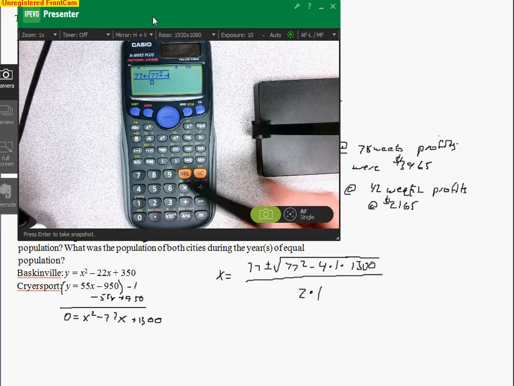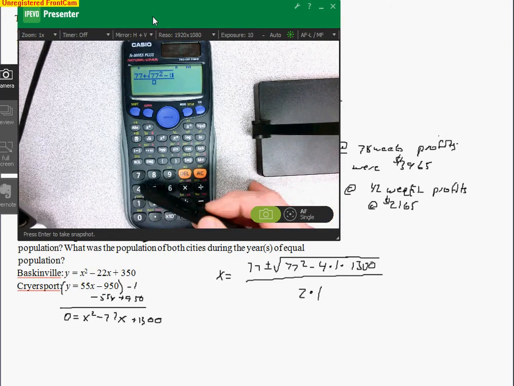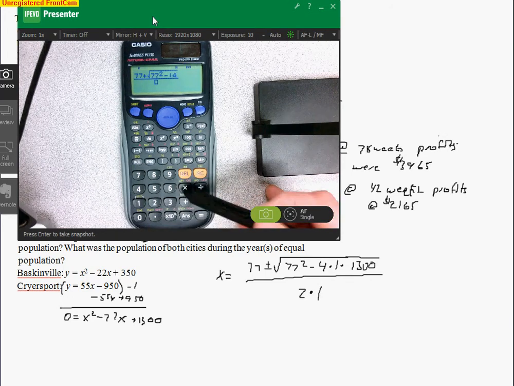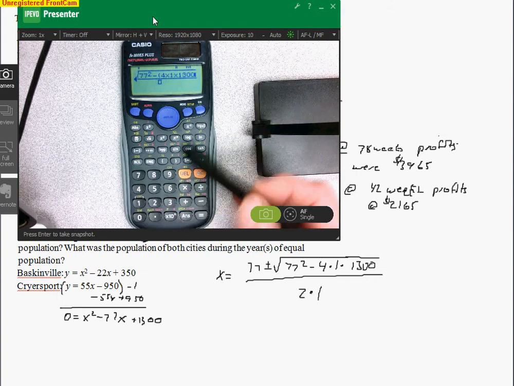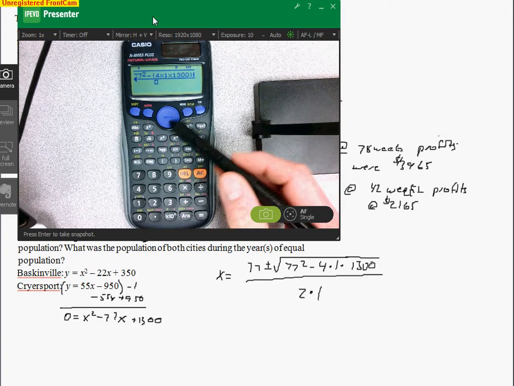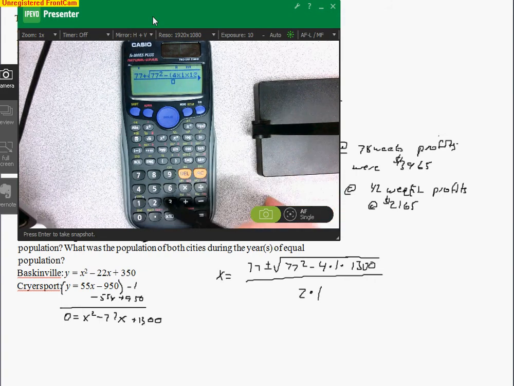I'm going to use parentheses, overuse parentheses. It doesn't hurt to have extra grouping symbols in there. 4 times 1 times 1,300. And then close those parentheses. I'll move down into the denominator, put a 2 down there, press the equal sign, and I get 52.